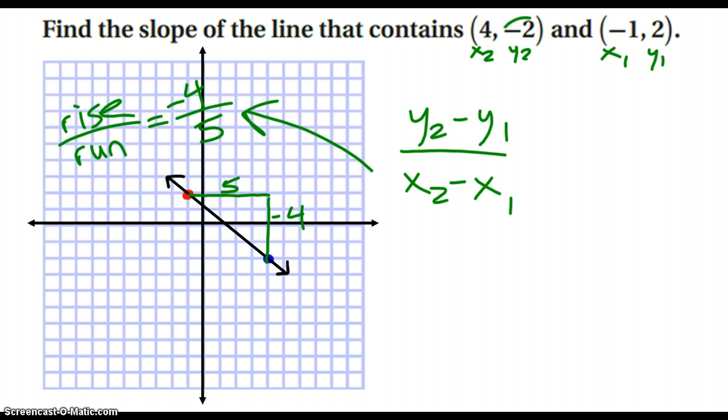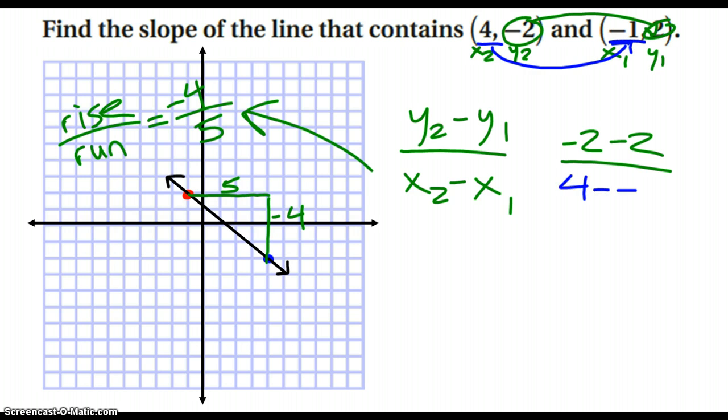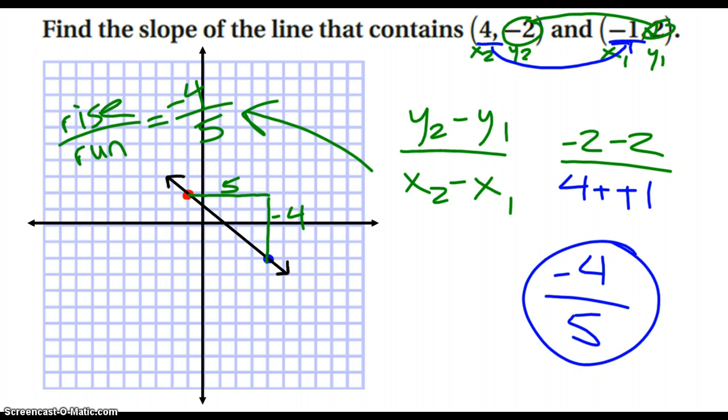So then we would take negative 2 minus 2, and then I would take 4 minus negative 1. Okay, so negative 2 minus 2 is negative 4, and 4 minus negative 1 is 5. We still get negative 4/5. So it doesn't matter which order you subtract in as long as you keep that order consistent.